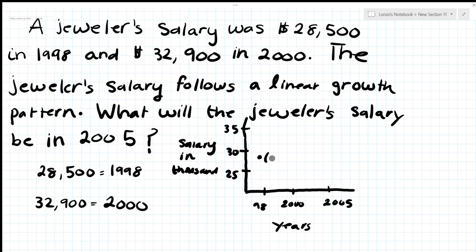I'm going to label that point 98, 28,500. My second point is at 2000, 32,900. So here's 2000, and 32,900 would be right here. I'm going to label that point 2000, 32,900.